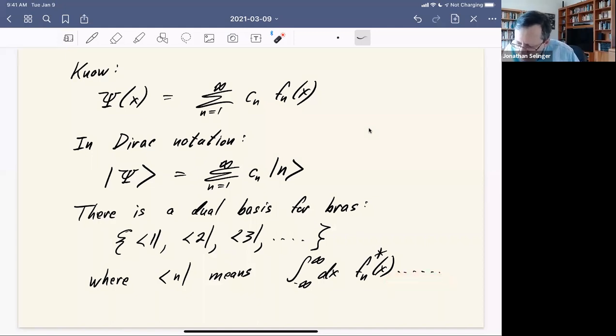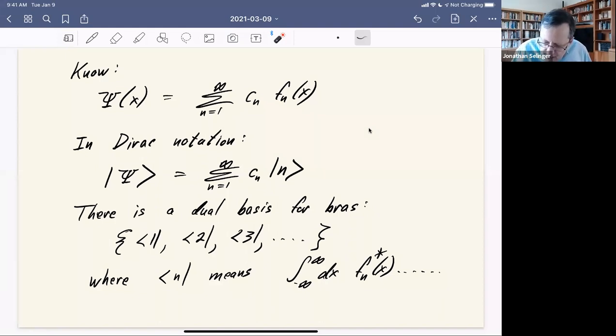Then you multiply it by one of the functions in the particle in the box set of special functions, and then integrate. Any bra can be expanded in this basis.